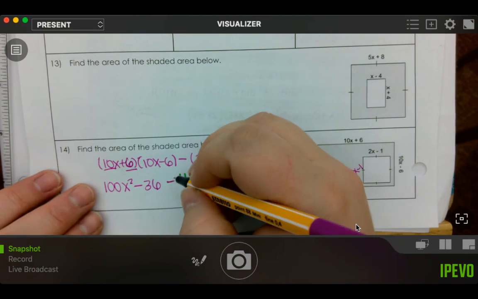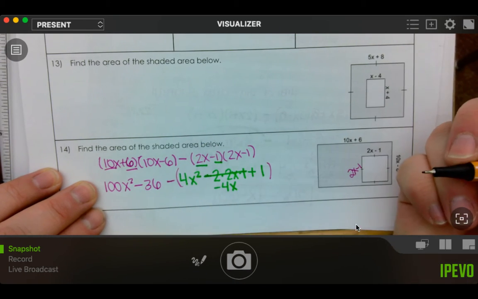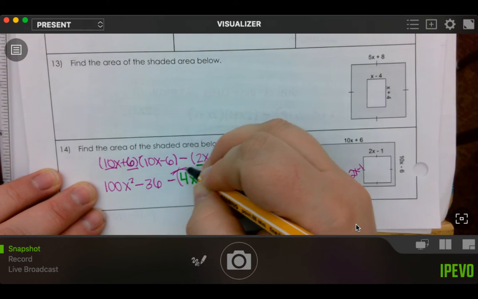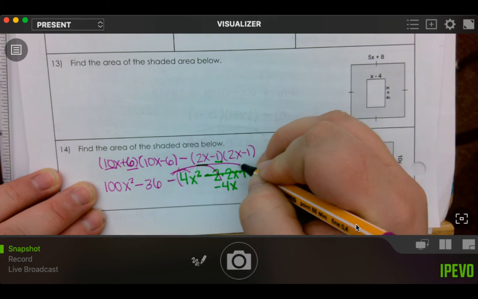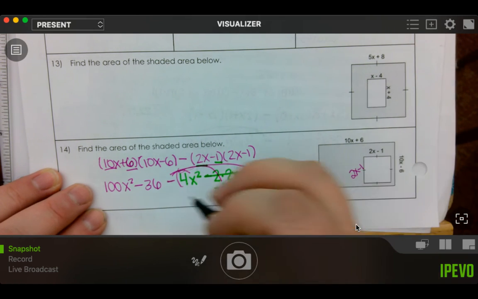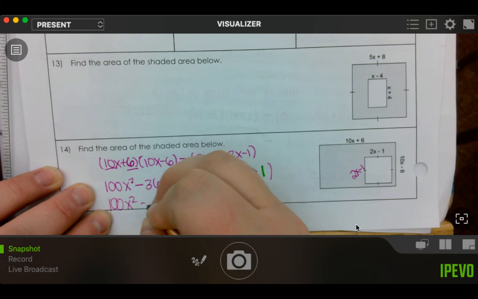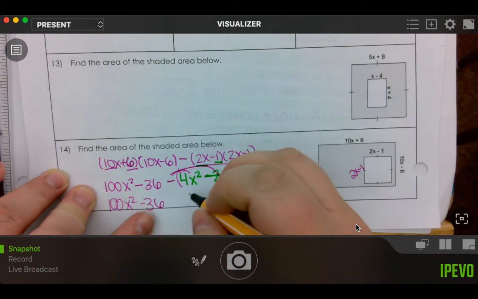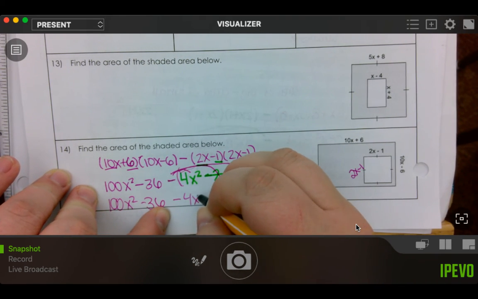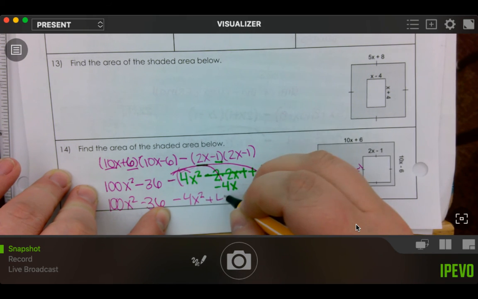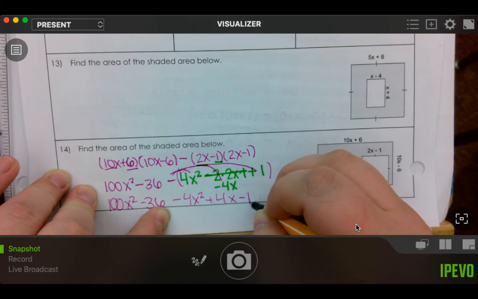Then I need to take my negative, almost like this was in parentheses, and I need to distribute it. So this part stays the same. Negative 4x squared, positive 4x, negative 1.